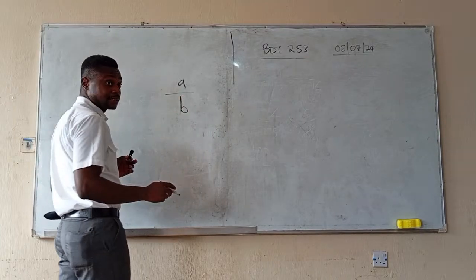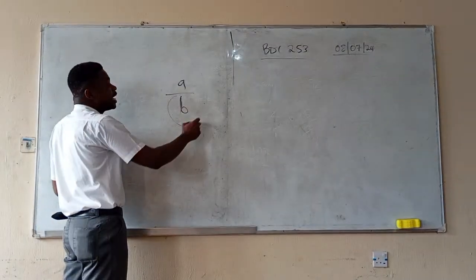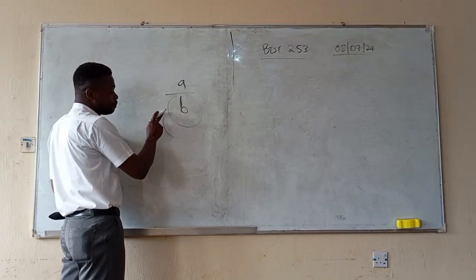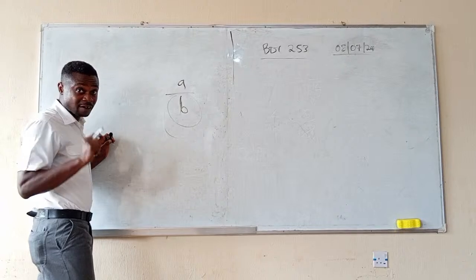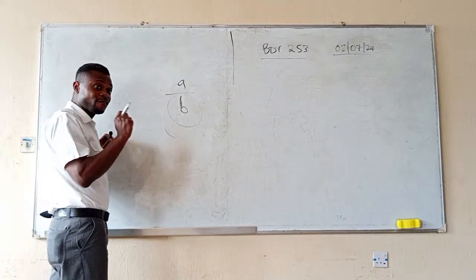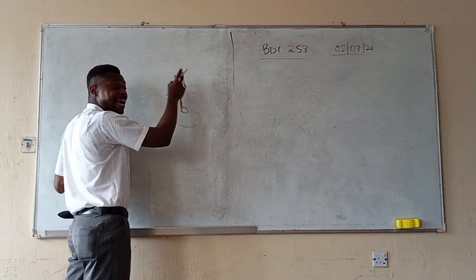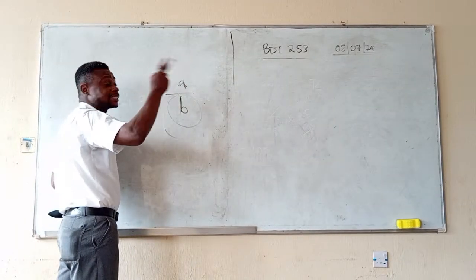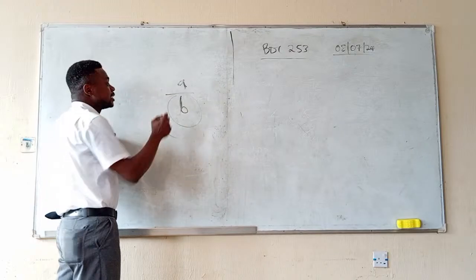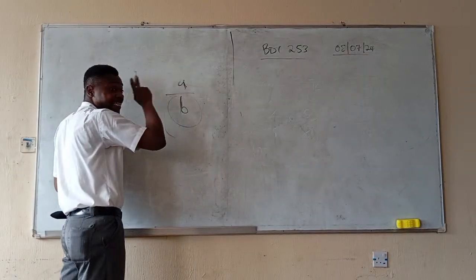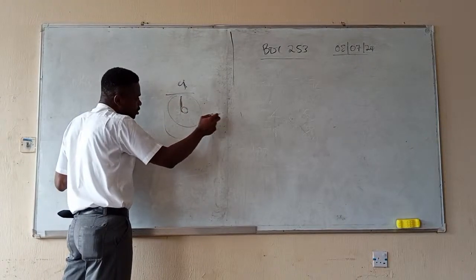For a common fraction, this can be any integer apart from zero. Please note this. I want to make a very important point now. For a common fraction, this can be any integer, with the exception of zero.